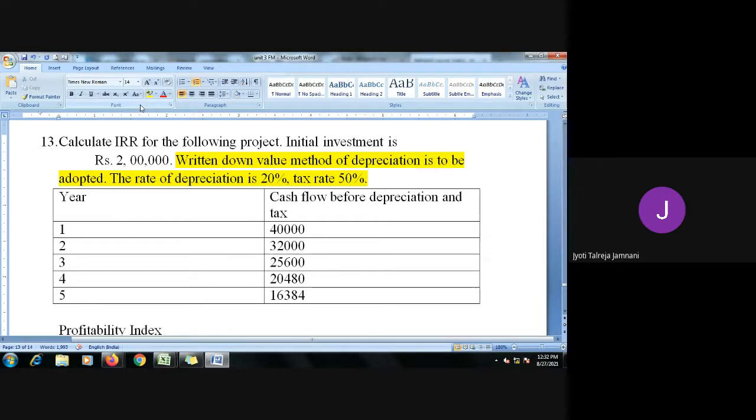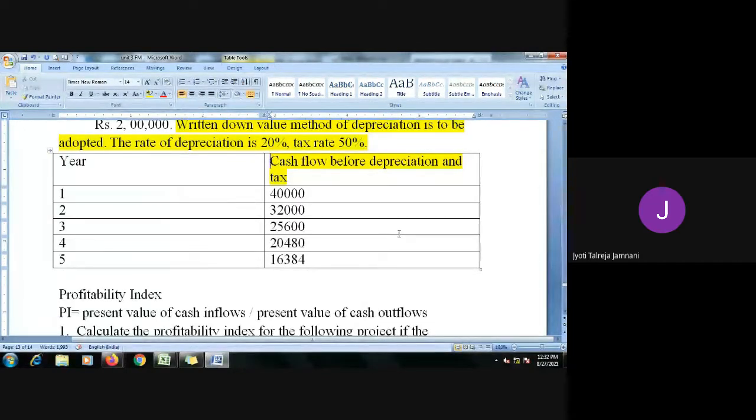So we'll first see what is given, present value of cash flows or present value of cash flows before depreciation and tax. If you observe here, they have given us the cash flows before depreciation and tax. So first we have to find the cash flows after depreciation and tax.